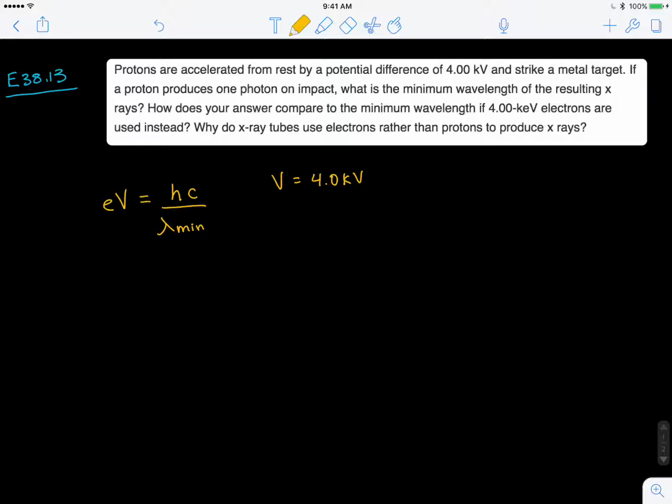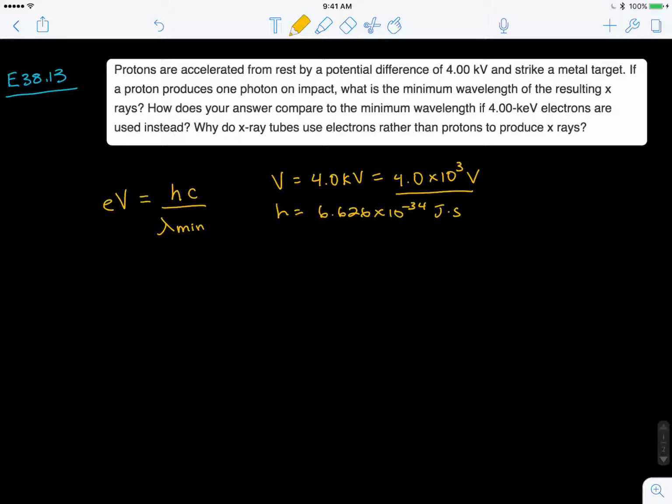We have that the potential through which the protons are accelerated, our V, is equal to 4 kilovolts. Now 4 kilovolts is the same thing as 4.0 times 10 to the third volts. So we know what our V is equal to. We know what h is: Planck's constant, 6.626 times 10 to the negative 34th joule seconds.